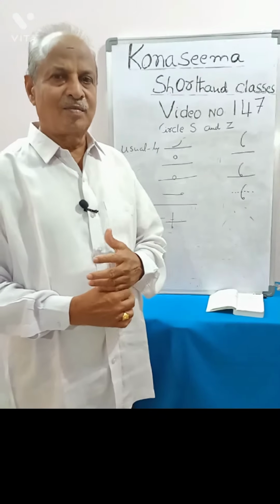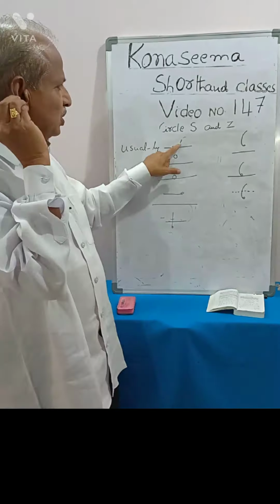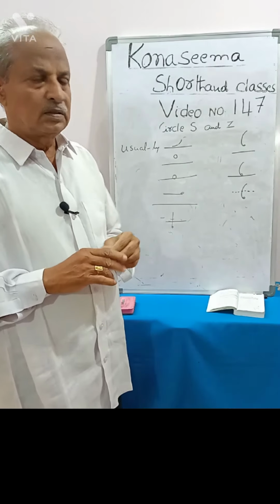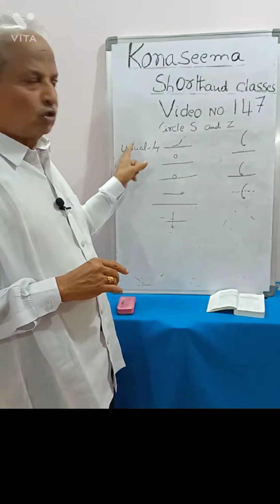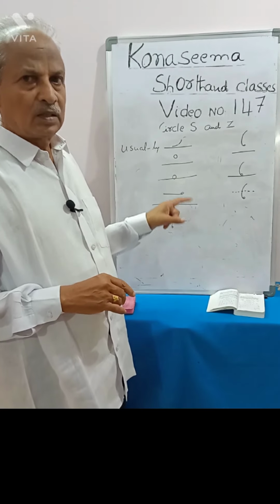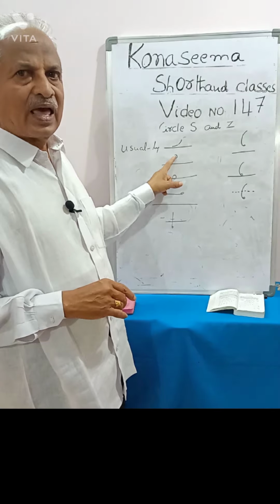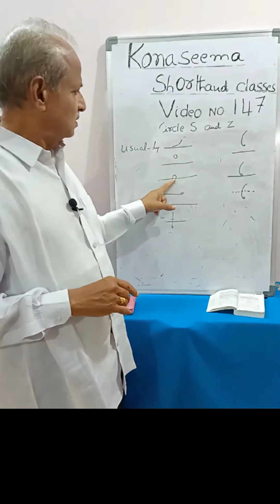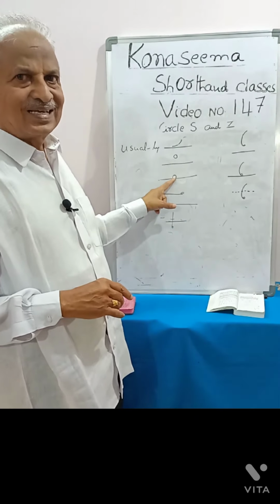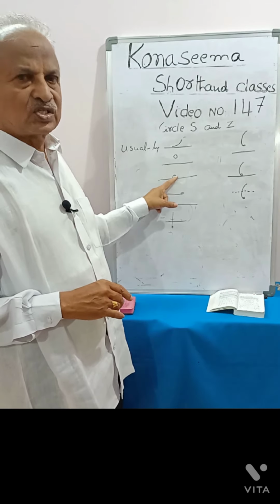Now, grammalogues. If you put G on the line, it is usual, usually. Circle above the line, as, has. If this is on the line, is, his.